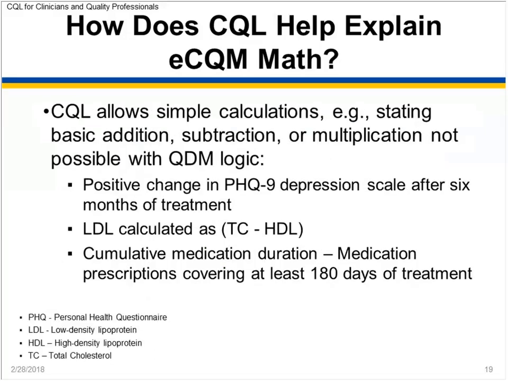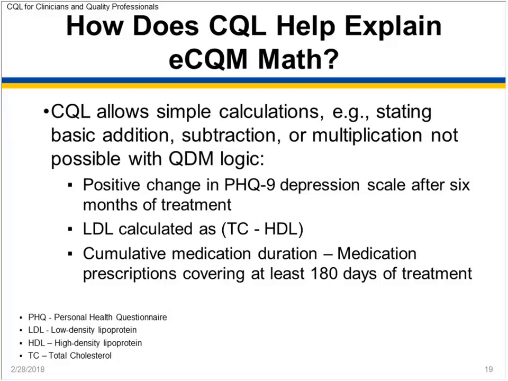CQL also allows for simple calculations, stating basic addition, subtraction, multiplication, that wasn't possible with the earlier logic expression from the QDM. So in an example, one of the measures is looking at change in the depression scale over 6 months to see if it decreased. The previous logic wasn't able to say the first minus the last is X amount of improvement.